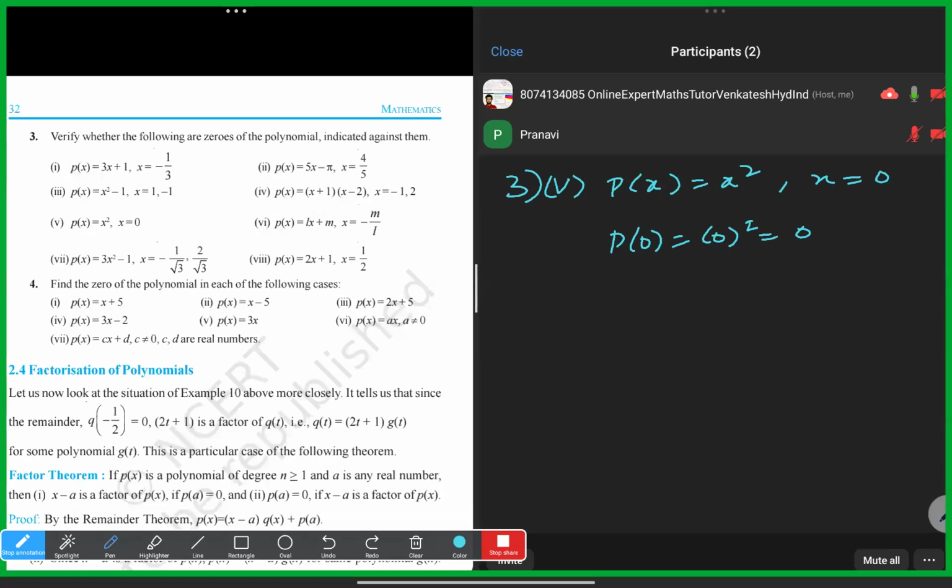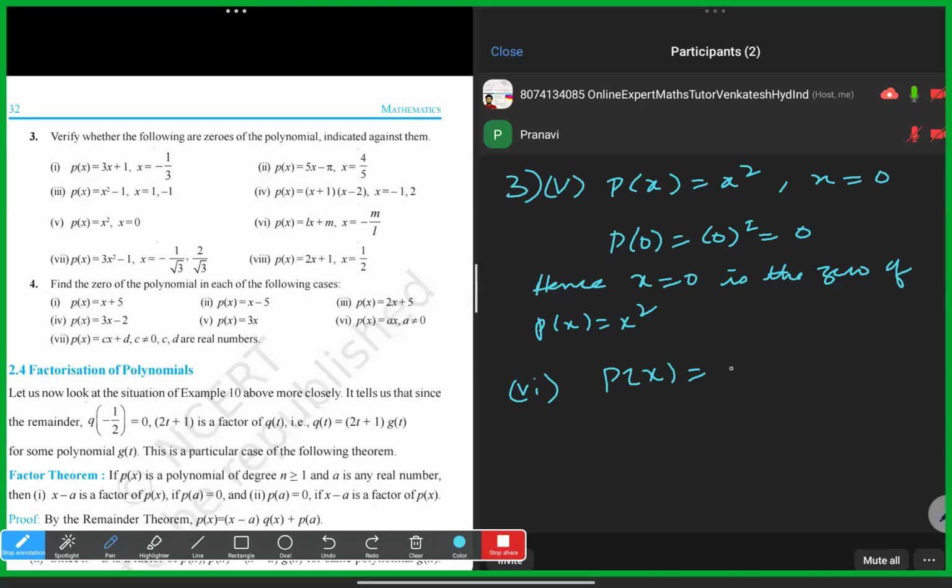So 0 square is 0. So hence, this is an example where 0 itself is a 0 of the polynomial. There will be few cases like this. So 0 itself is a 0 of the polynomial.